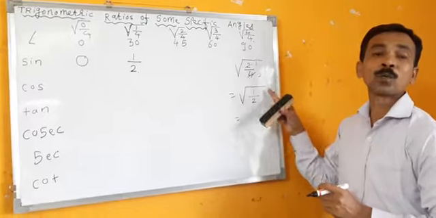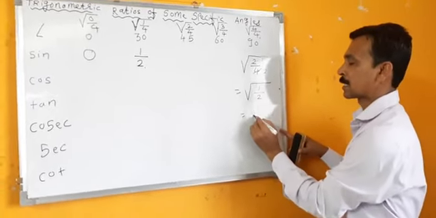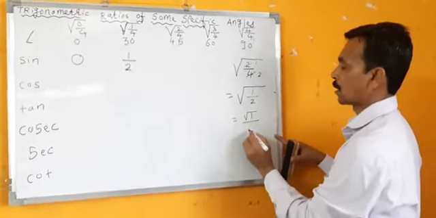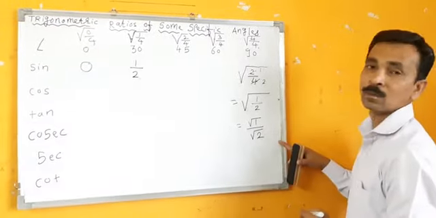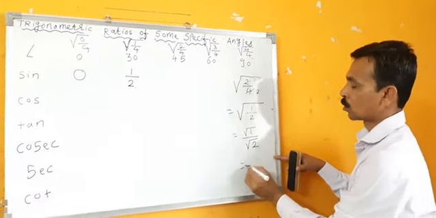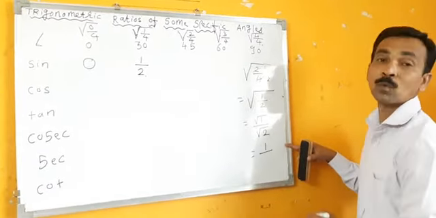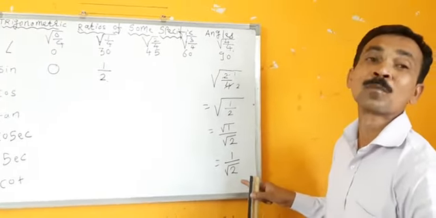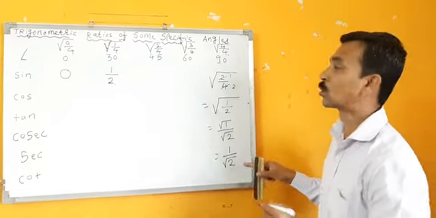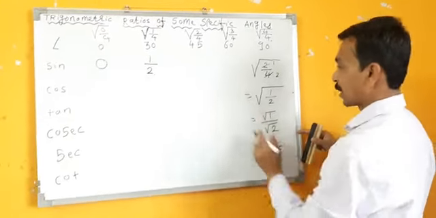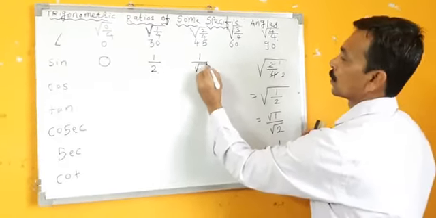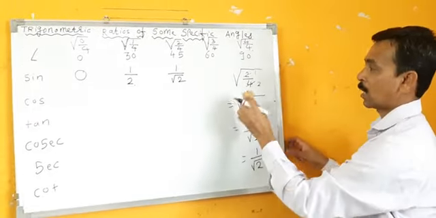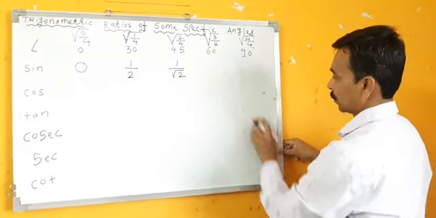Can I write under root 1 by 2 separately? Yes, it becomes root 1 upon root 2. The square root of 1 is 1. This remains root 2 because there is no perfect square root for 2. So the value of sine 45 is 1 upon root 2.